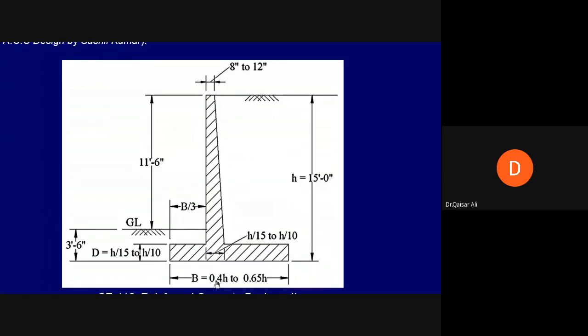So any value between 4 to 6.5 feet can be assumed for the length of the base of the retaining wall. The thickness of the base can be taken from h by 15 to h by 10. And the size of the toe can be fixed as b by 3, one third of the length of the base. So this will give us a good head start, and then we can check the retaining wall, and if there is any problem, we can change the size of the retaining wall.